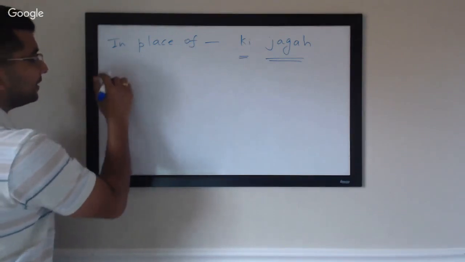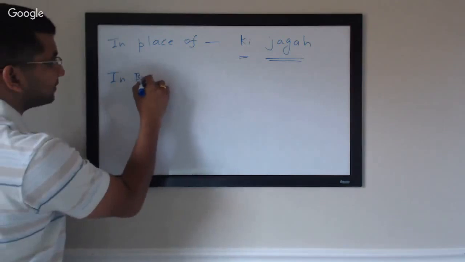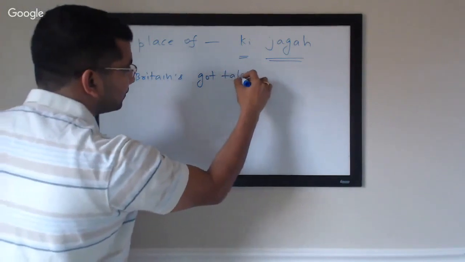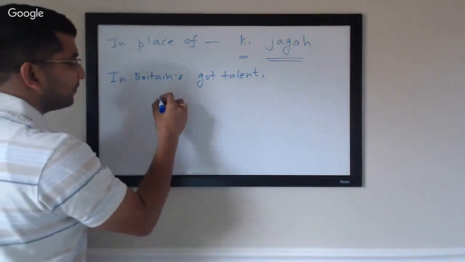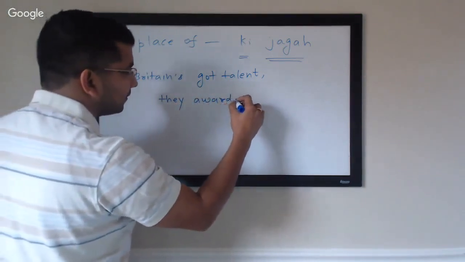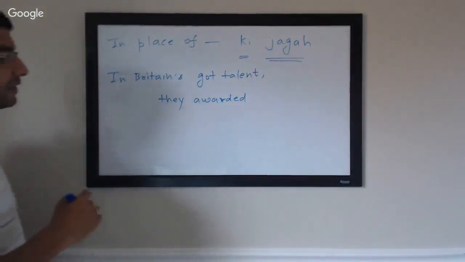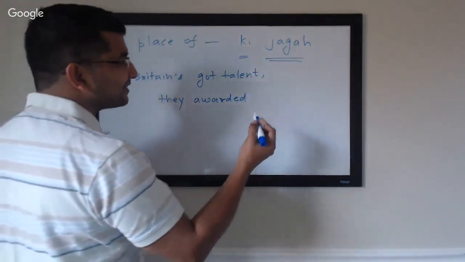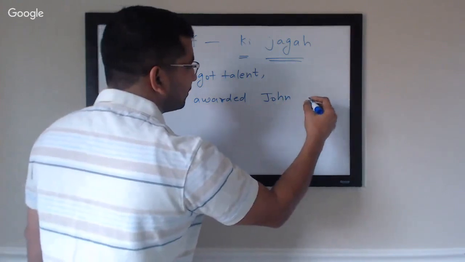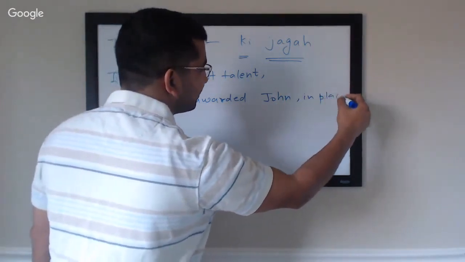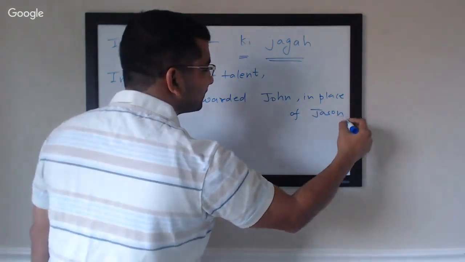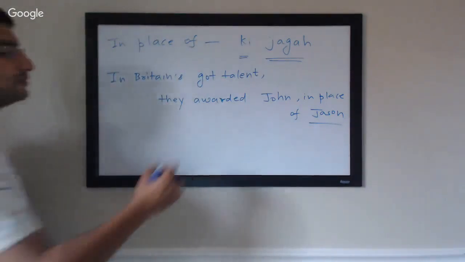The sentence is like, in Britain's Got Talent, they awarded, let's say, John in place of or instead of Jason. Again, I don't follow it, I'm just trying to make a sentence. I just made it up, okay? So bear with me.